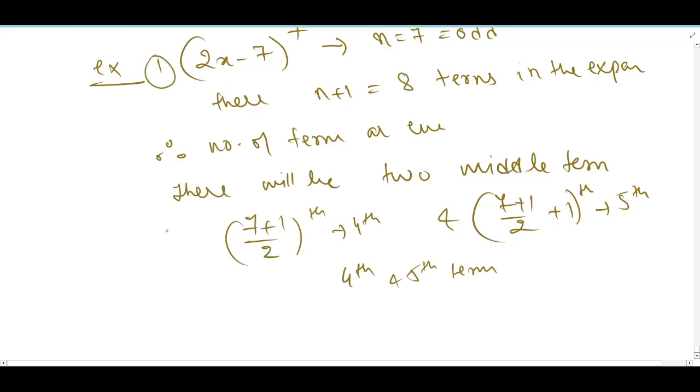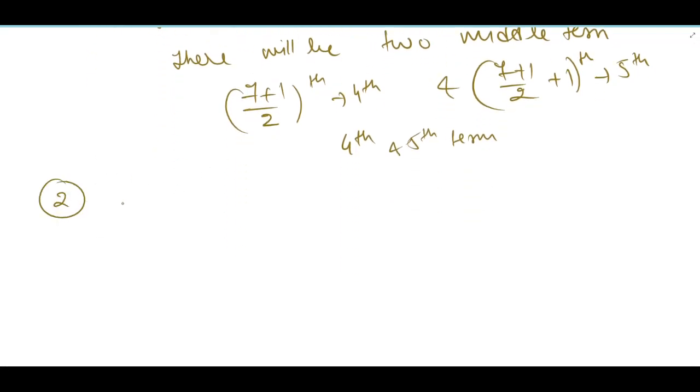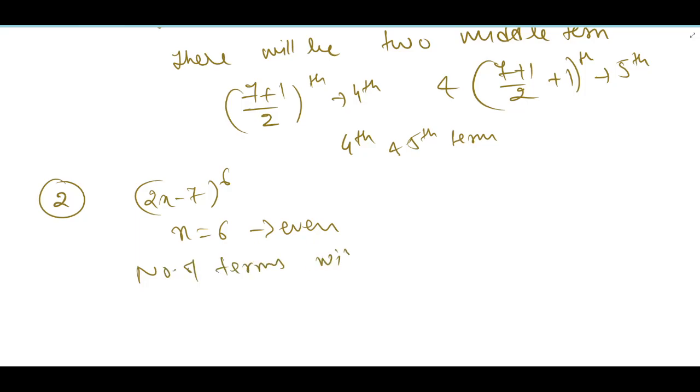Second, when the power is even, for example (2x minus 7) to the power 6. So here n is equal to 6, which is even. So the number of terms will be odd, that is n plus 1 is equal to 7.